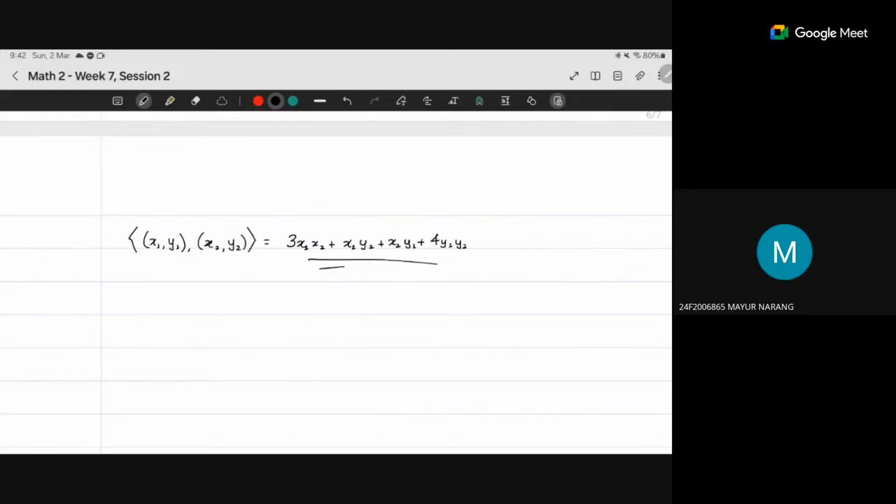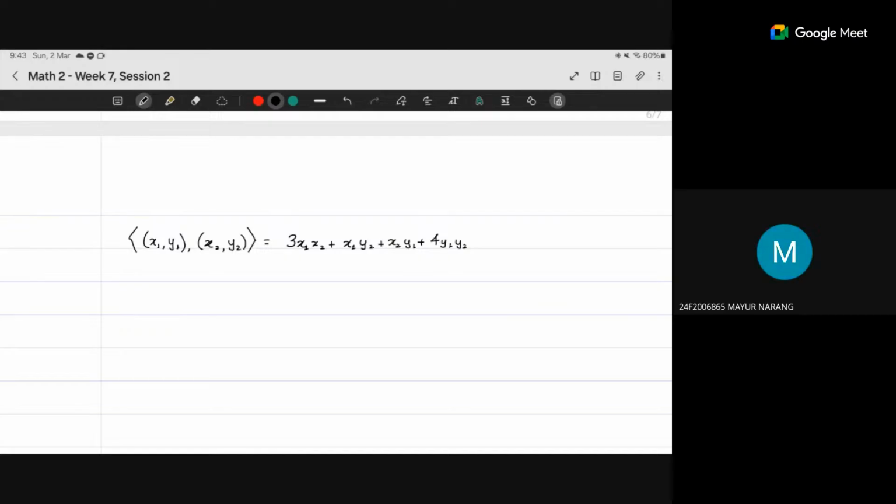Now symmetry is obvious, right? If I change x1 to x2 and y1 to y2, the thing doesn't really change. Do you see that at least? Yes.